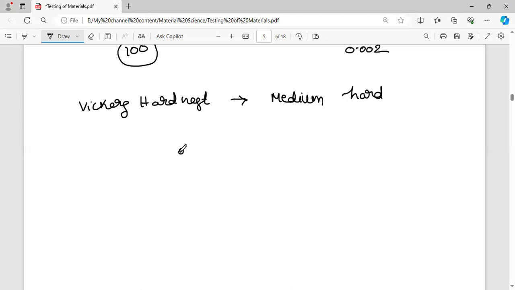Here it is not the apex angle, it is the included angle. The included angle of the indenter is 136 degrees between the opposite faces, in the Vickers hardness test.